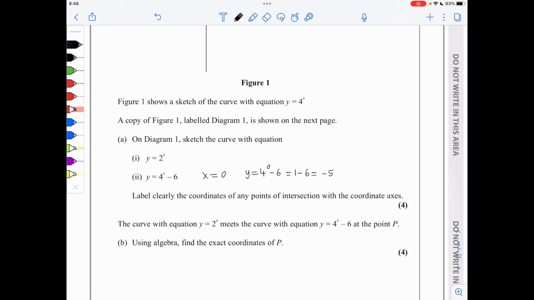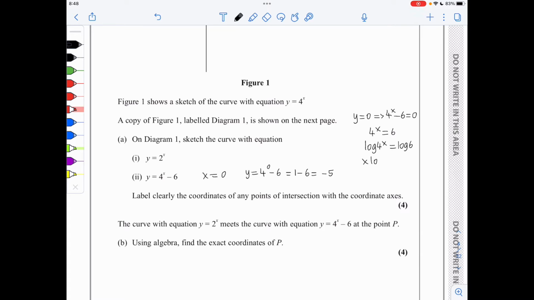For the cut on the x-axis, I will put y to be 0, which means that 4 to the x minus 6 is 0. So 4 to the x is 6. I'll take logs of both sides. Log of 4 to the x is log of 6.